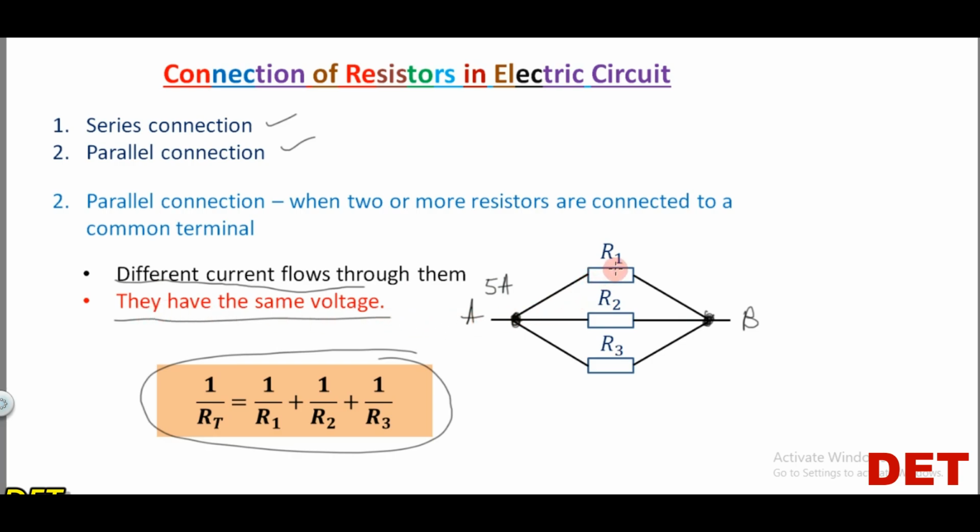So the voltage in R1 is equal to the voltage in R2, and equal to the voltage in R3. This is the calculation formula for the parallel connection.